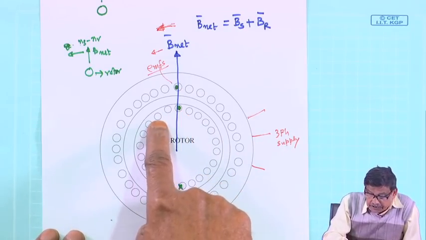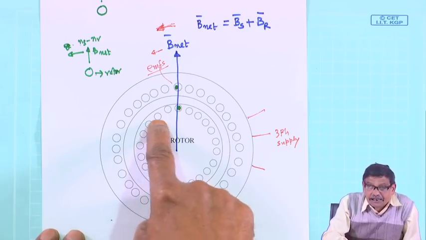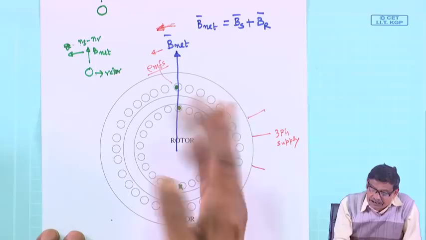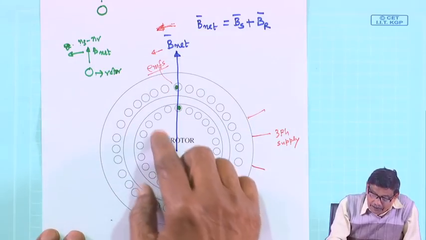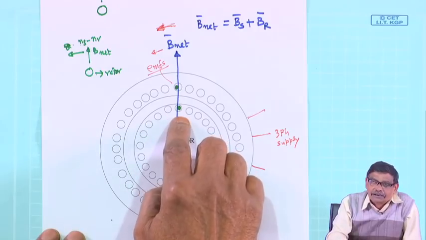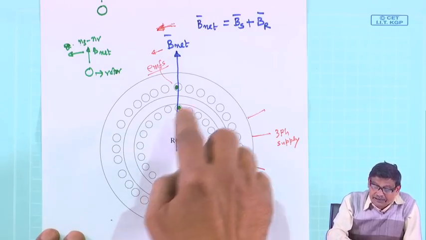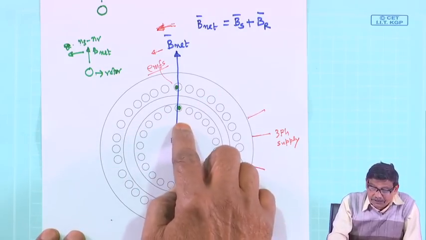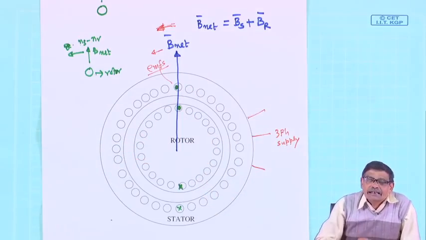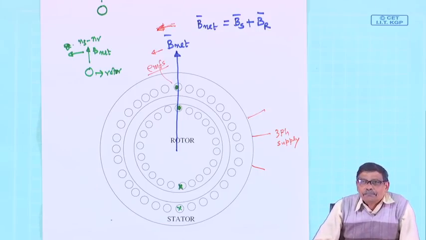Perhaps this conductor saw this event slightly earlier, and this one is now having maximum current, because it has already crossed and come here. So, although maximum voltage is in this conductor, maximum current is carried by a conductor which has already seen maximum voltage, and then its current has picked up, because it is a lagging power factor.